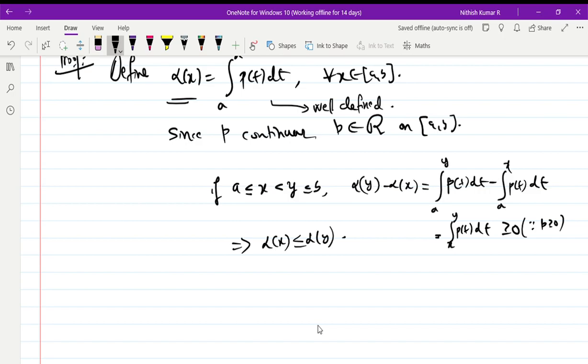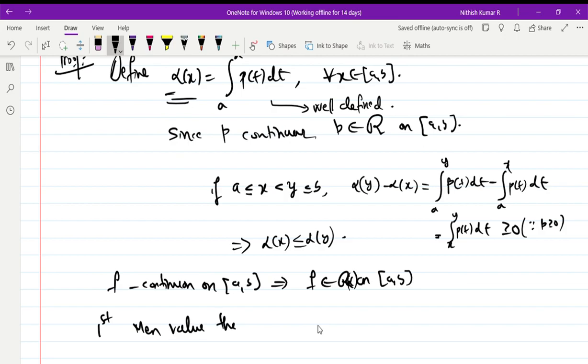Since f is continuous on the closed interval [a, b], f belongs to R of alpha on [a, b], for this monotonic function alpha.